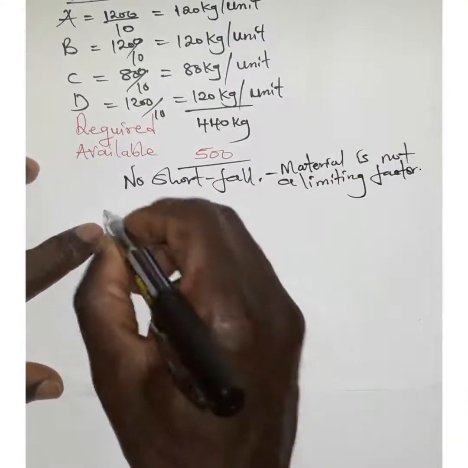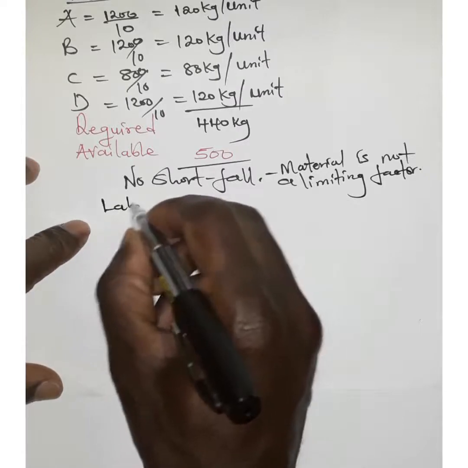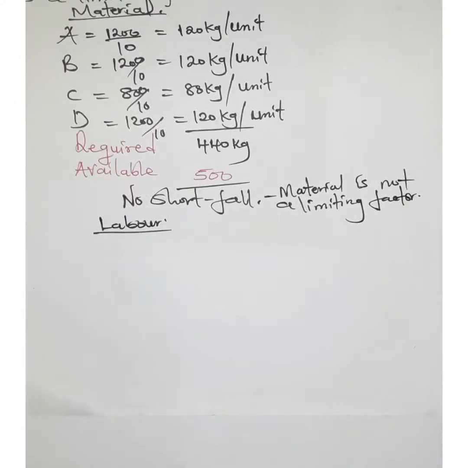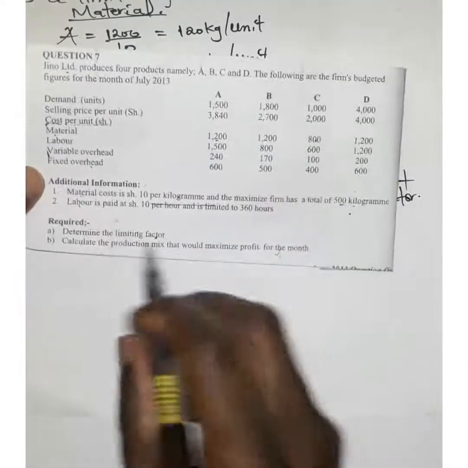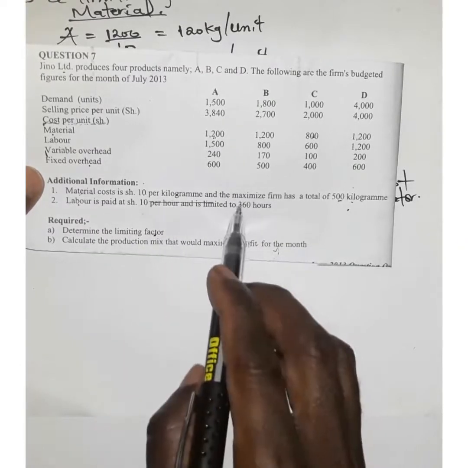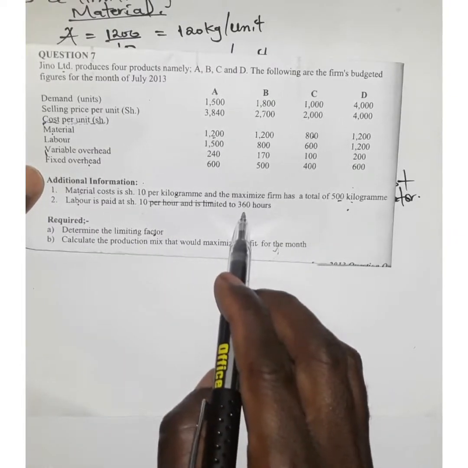Let us do it for labor now, with the same procedure that we've done. We are told that labor is paid at 10 shillings per hour and is limited to 360 hours.